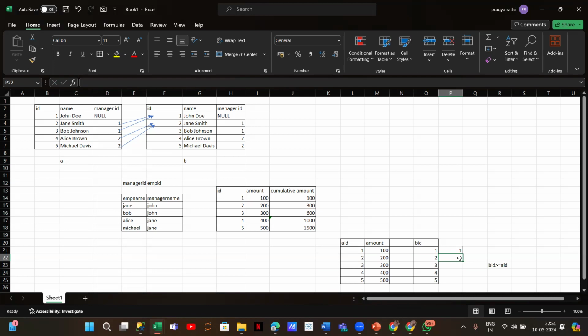I am talking about only the IDs here. I will get 2 because 2 is equal to 2, and I will get the smaller one, so I will get 1. Why only 2? I said here that my BID is greater than or equal to AID, so I will get all those AIDs that are smaller than or equal. Are you guys able to understand me? Just let me know so that I can explain again if you're not getting it.